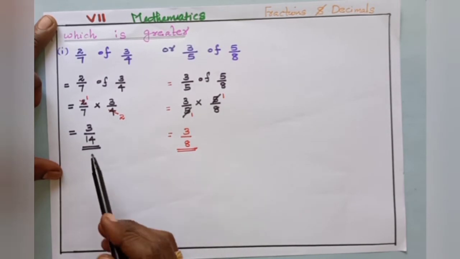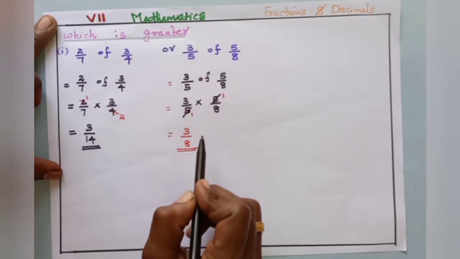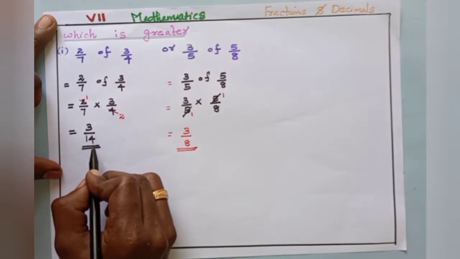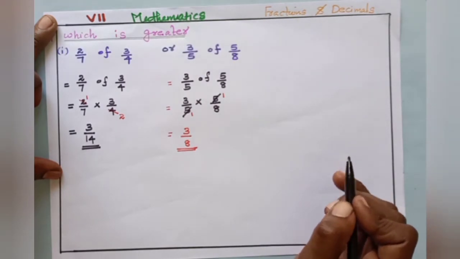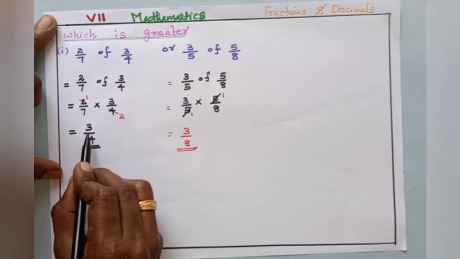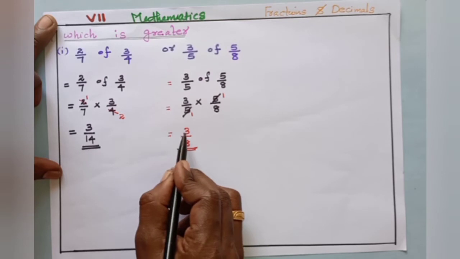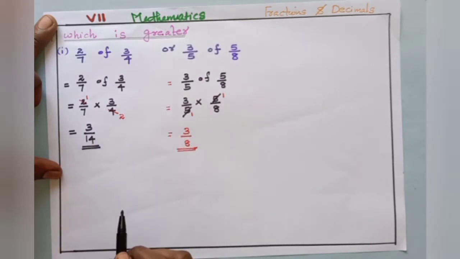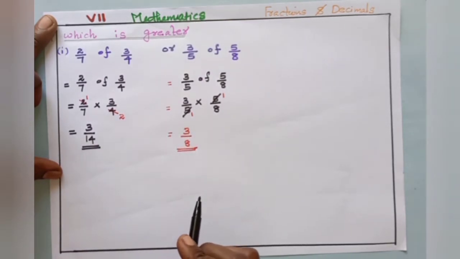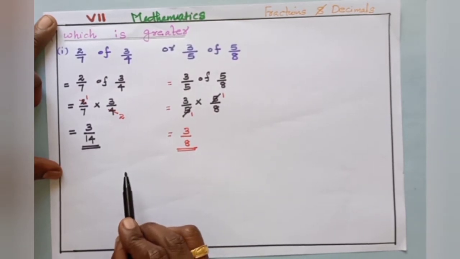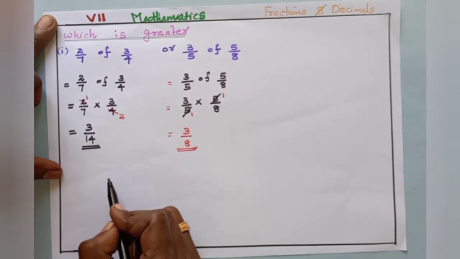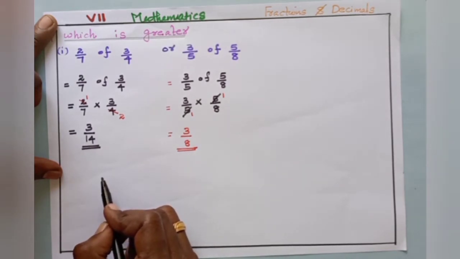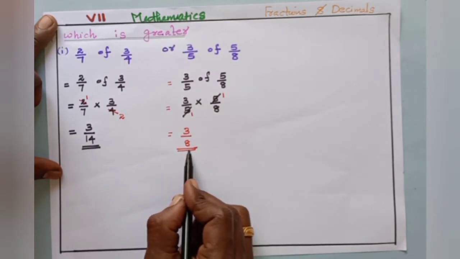We want to find out which fraction is greater: 3 by 14 or 3 by 8. So listen, here the numerator is the same, 3 and 3, and the denominators are different. In this case, if the numerator is the same, the fraction with the smaller denominator is the greater fraction.